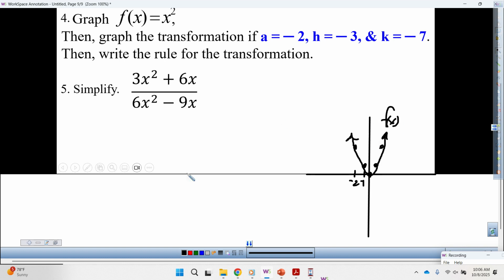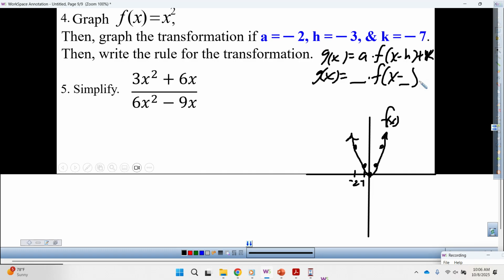However, they want this transformation, so I write g of x equals a times f of x minus h plus k. Or g of x equals blank times f of x minus blank squared plus blank. So what values do we use?